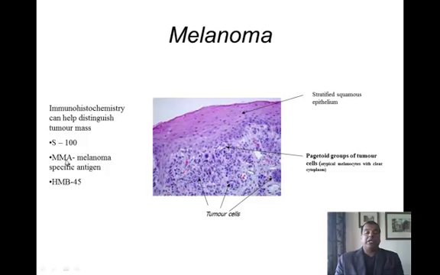So with the melanoma you can also use melanoma specific antigen for staining, S100, as well as HMB45. And what you see here is the tumour cells, which are bizarre looking pagetoid groups of tumour cells, and at the surface is the stratified squamous epithelium.